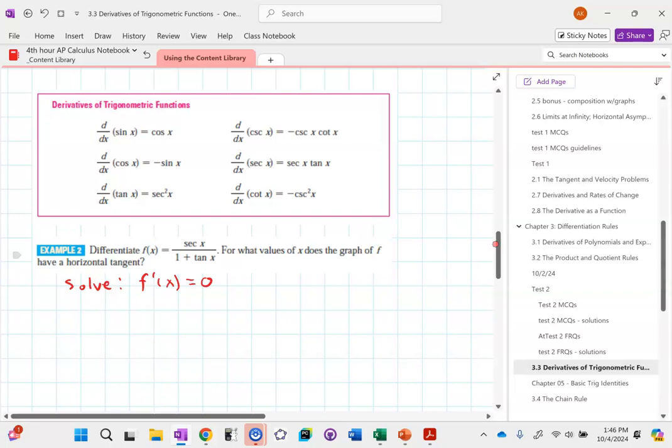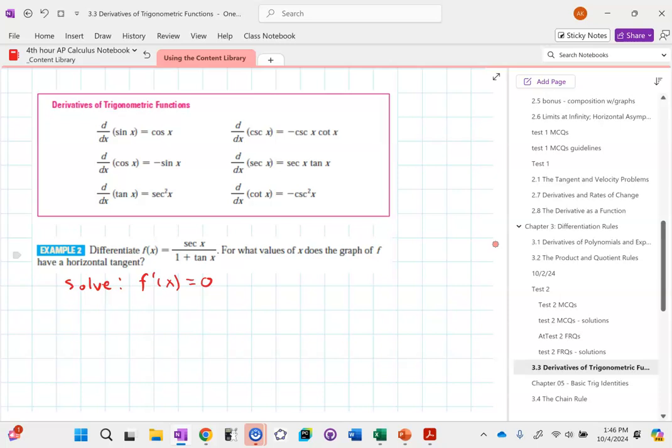Do you guys see that when we read that? Why are we solving it equal to 0? So the derivative is the slope function. So the slope of the tangent line that's horizontal is 0. So we're solving the derivative equal to 0.